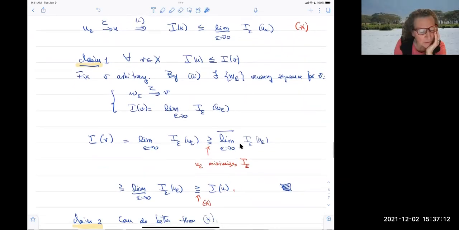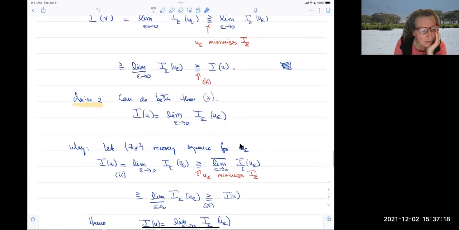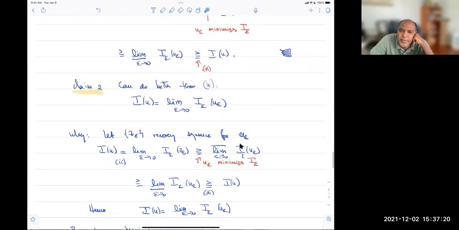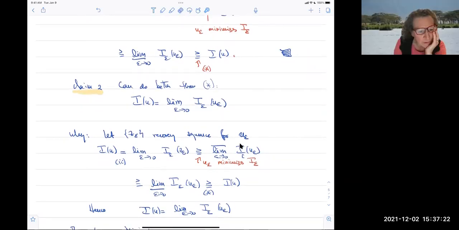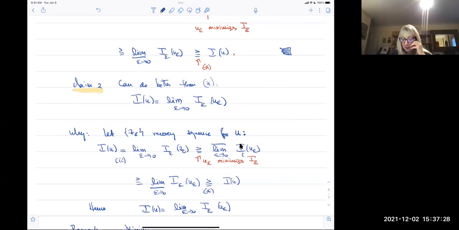Maybe it's the recovery sequence for U, not for U epsilon. Slide down a little bit. Yeah, right there. Epsilon recovery sequence for U. Yeah, there we go. Okay, for U, right? Yeah.